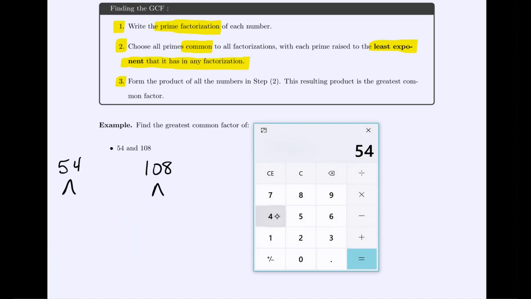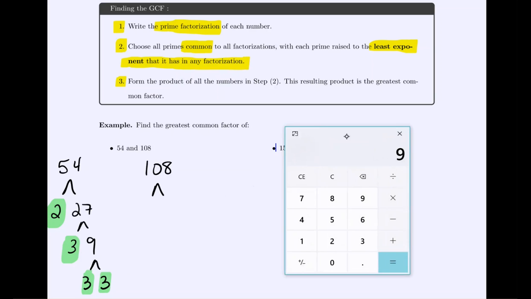Now we know 54, since it ends in an even number, is divisible by 2, specifically 2 and 27. Now 2 is a prime number, so it can stop, but 27 can be split. Specifically, I might remember 27 is divisible by 3, 9 times. Now 3 is a prime number, so it can stop, but 9 can be split into a 3 and a 3.